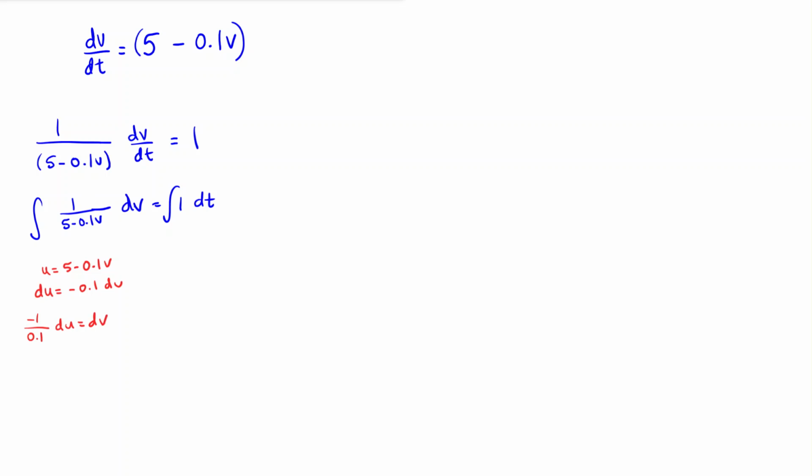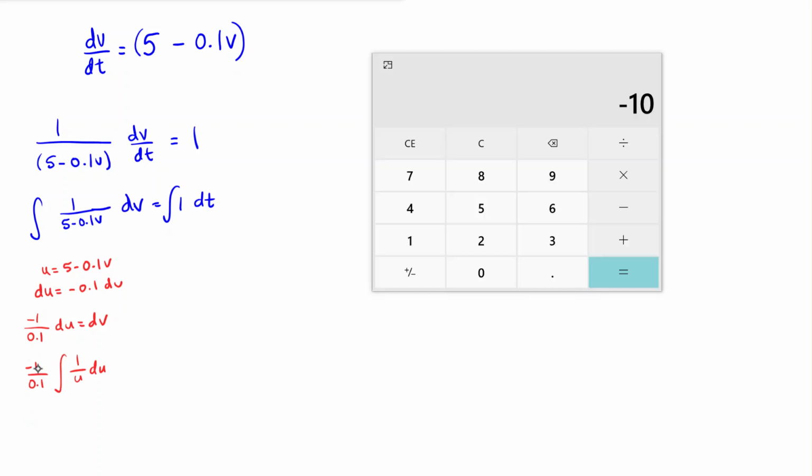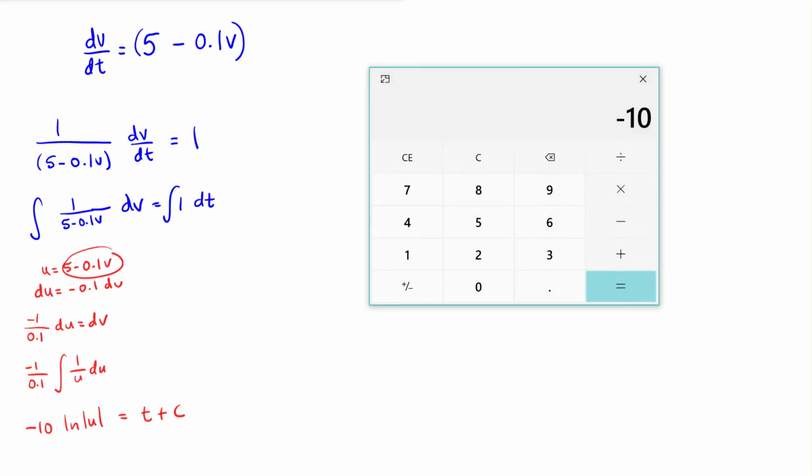So our integral after u substitution is negative 1 over 0.1 times the integral of 1 over u du. Now negative 1 divided by 0.1 will give us negative 10. Natural log absolute value of u equals t plus c, and then our u gets replaced.